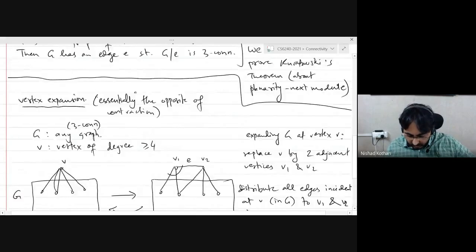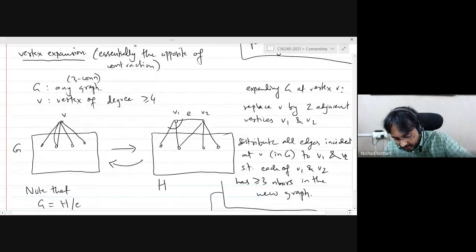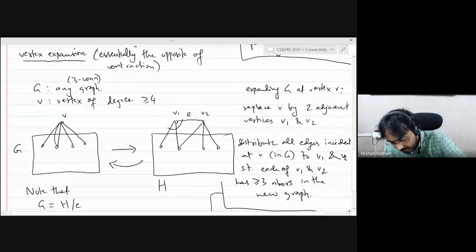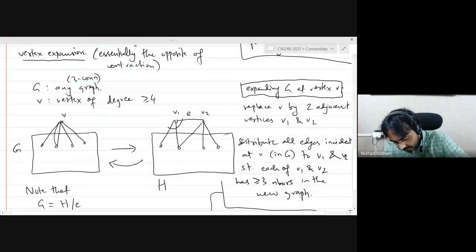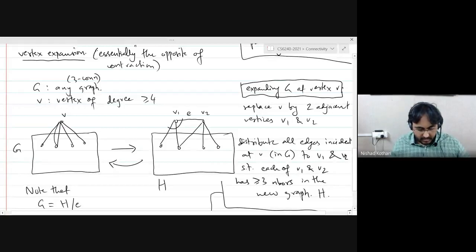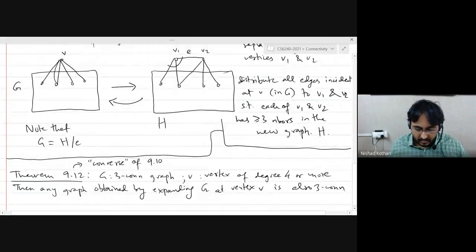So that is the definition, expanding G at vertex V, and the new graph, we call it H in this case.